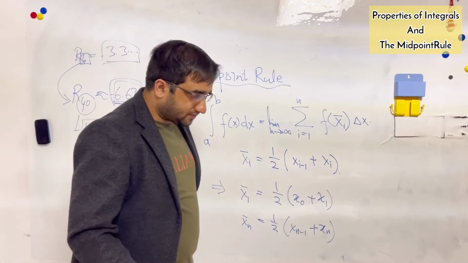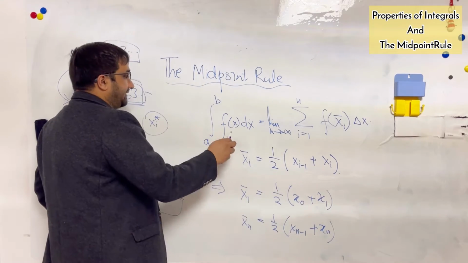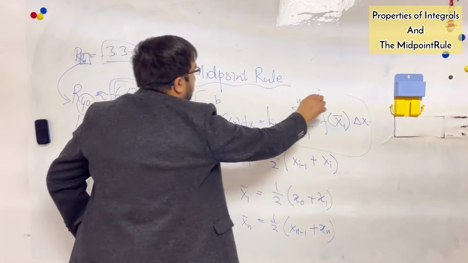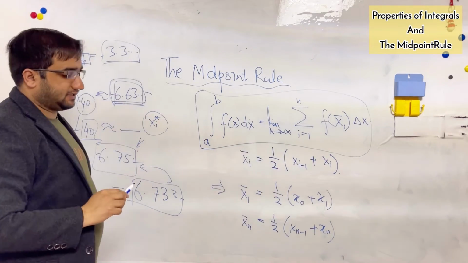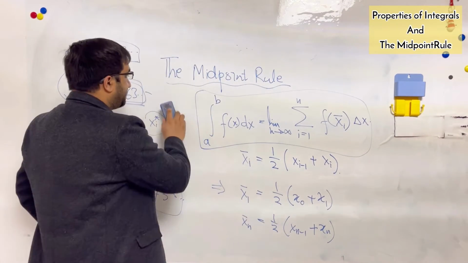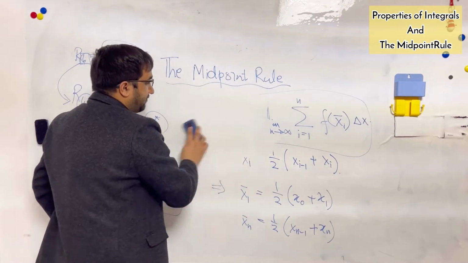So this is the rule and the criteria to calculate the integral using the midpoint rule. Let us do an example to see what happens here.